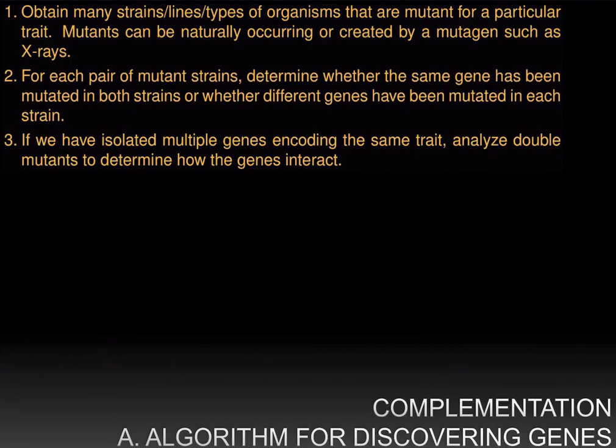Let us discuss the second step, which is determining whether in a pair of lines or strains the same gene has been mutated, or it's actually different genes that are controlling the same trait that have been mutated. And this procedure is called complementation, or a complementation analysis.